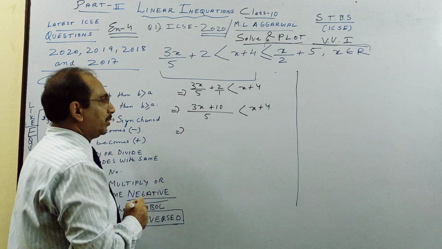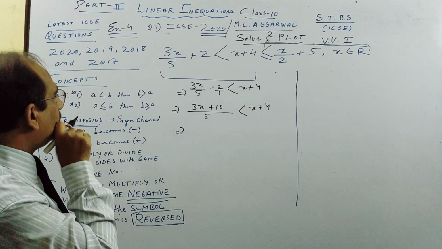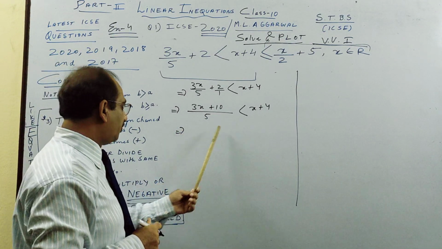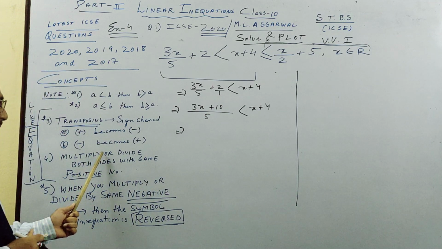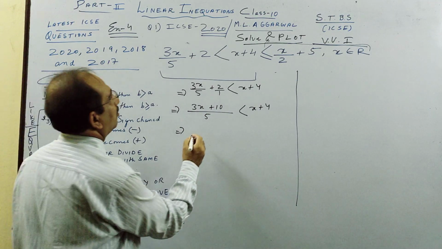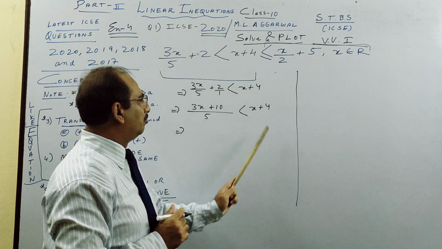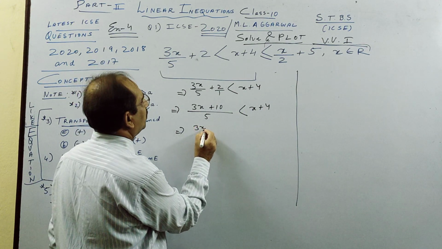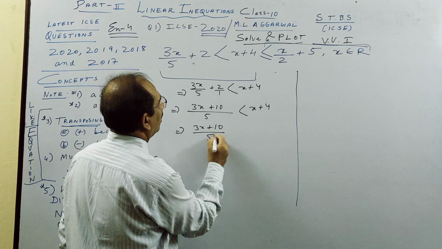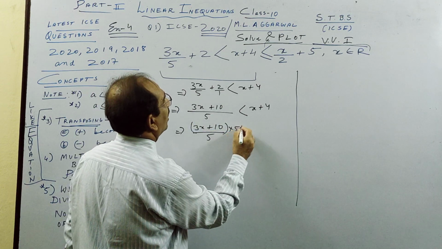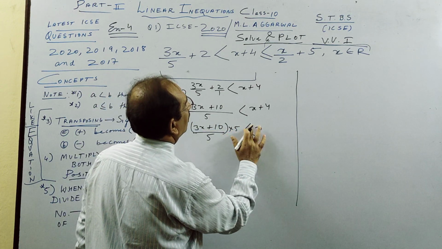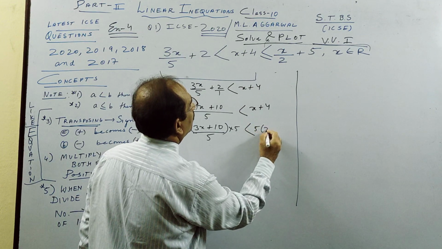Next, to get rid of this 5, you can multiply both sides by the same positive number. Multiply by 5 here, and here also multiply by 5.